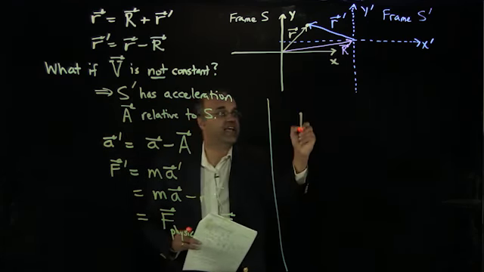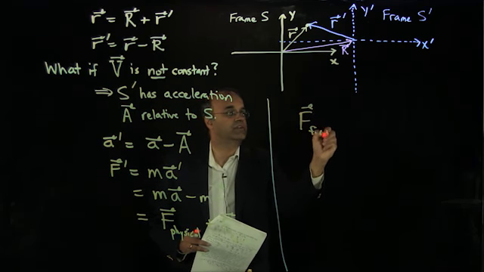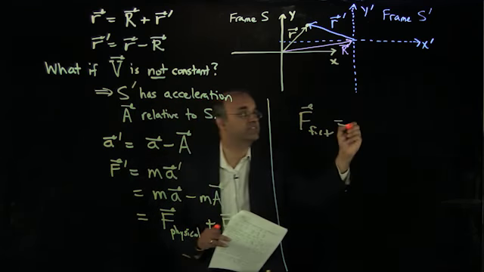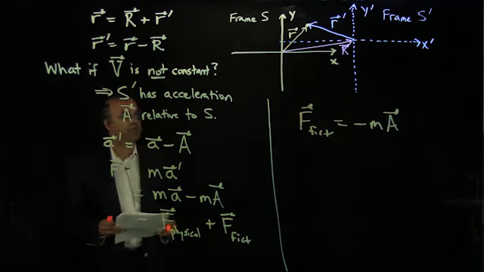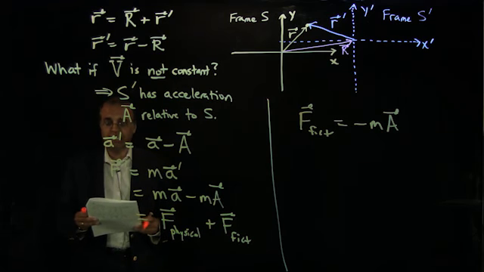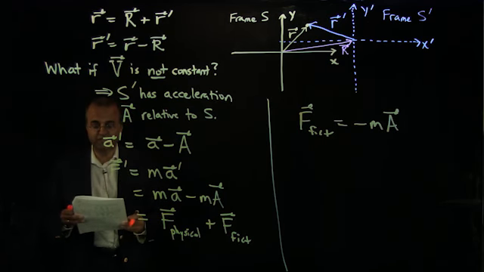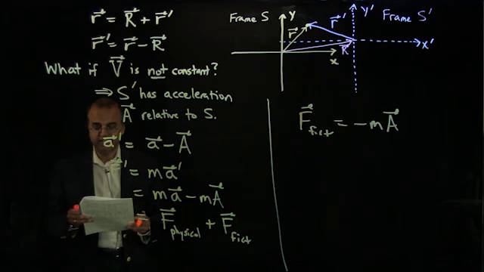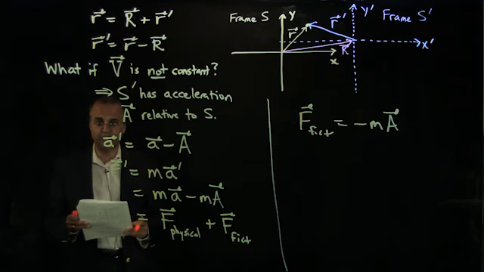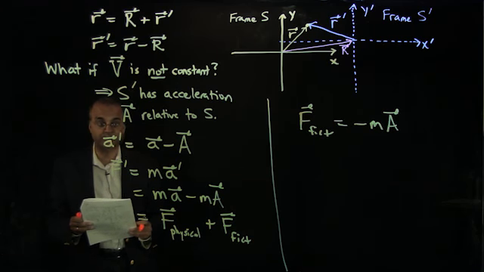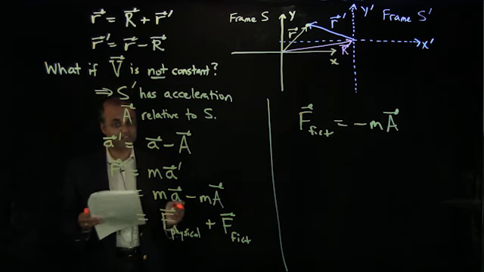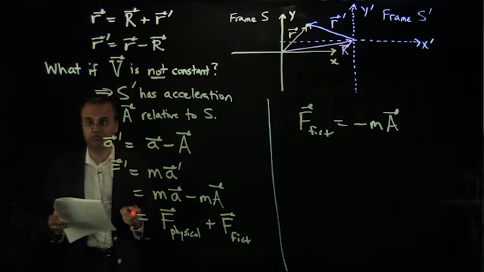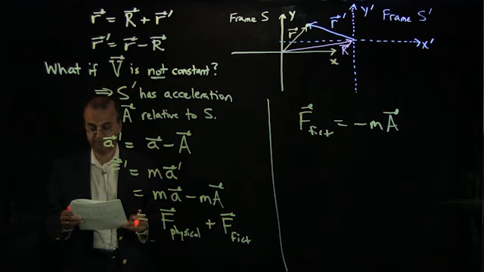And in this case, F fictitious is equal to minus m capital A. But that force will not be identifiable with any actual real physical interaction. It's an artifact of the choice of coordinate system, the non-inertial coordinate system that frame S prime is in. For that reason, we call it a fictitious force. And it's to be distinguished from real physical forces of the types that we've been talking about up until now.